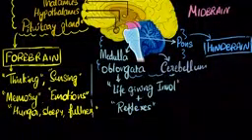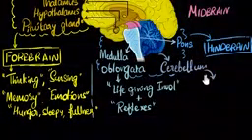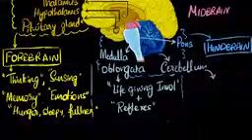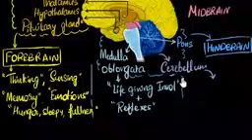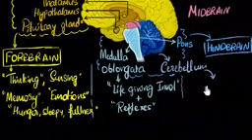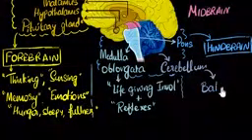Okay, what about the cerebellum? It's getting a little crowded. I hope you can see them apart. So again, I'm going to put some division over here. Anyways, so what does the cerebellum do? Well, the cerebellum also has some involuntary functions, but it's a little different. One of its functions is to maintain balance.